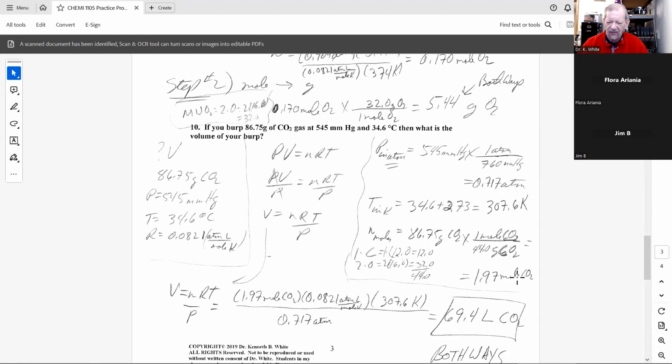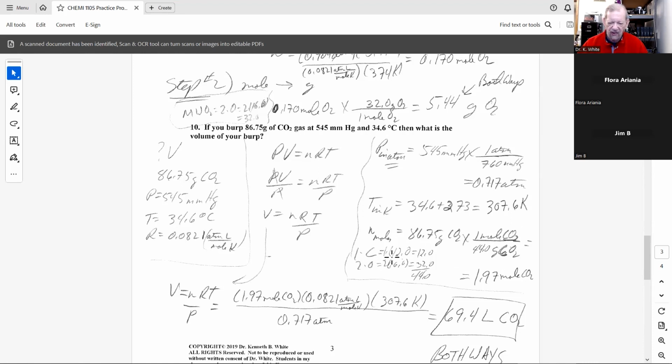Because you want to get the moles, use your good buddy, your good friend, unit analysis. Whatever we're trying to get to goes on top of the ratio. Whatever we're trying to get rid of, grams of CO2, goes underneath. And this is 1 mole, and this should be the molecular weight. And the molecular weight is the sum of all atomic weights.